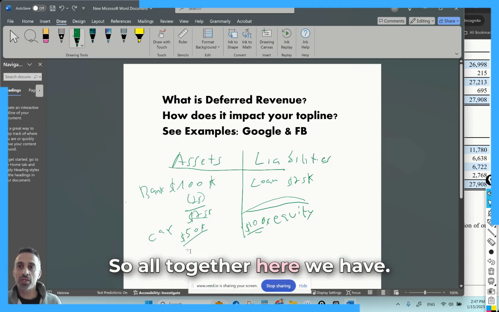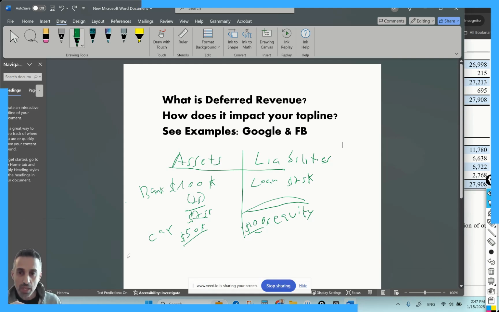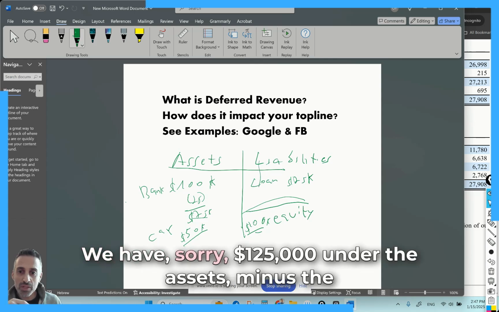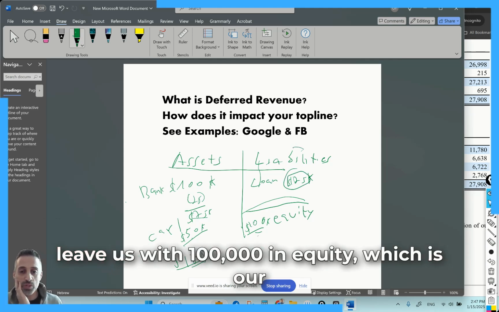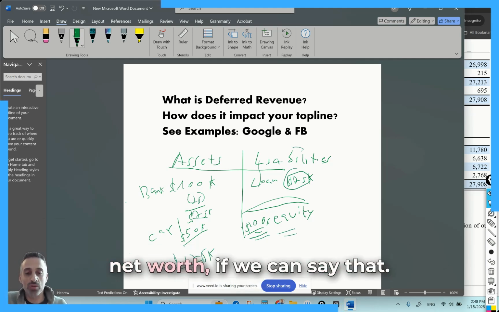So altogether we have $125,000 under the assets, minus the liability that we have here, minus the 25, will leave us with 100,000 in equity, which is our net worth, if we can say that.